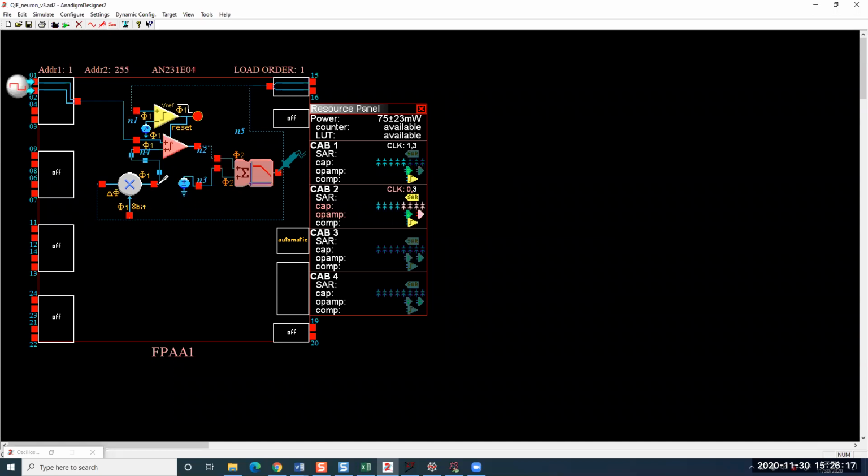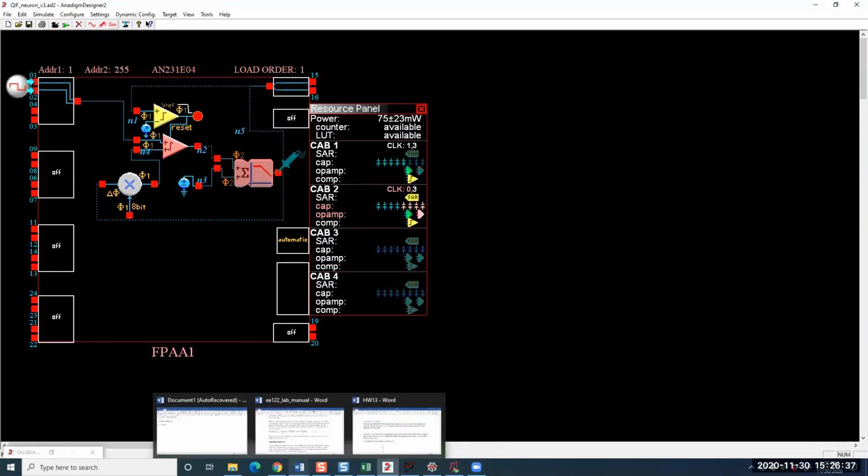And it wasn't working. And I had a suspicion that it was the multiplier. And it seemed that the multiplier didn't work for signals greater than 10 kilohertz.